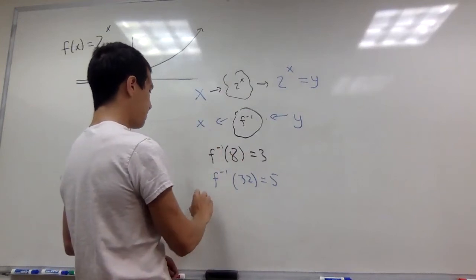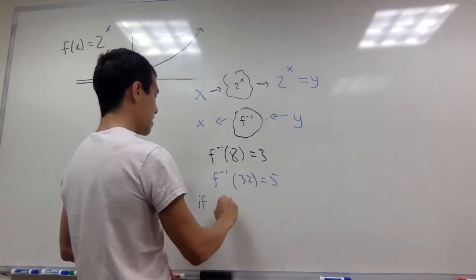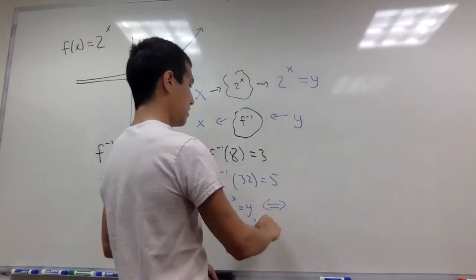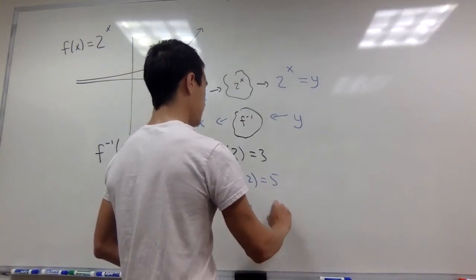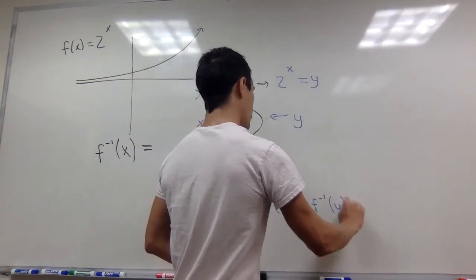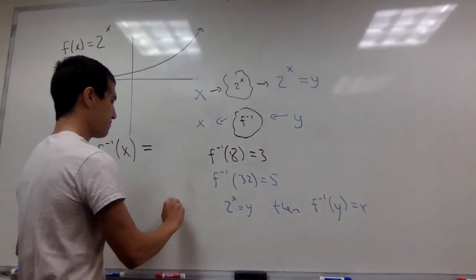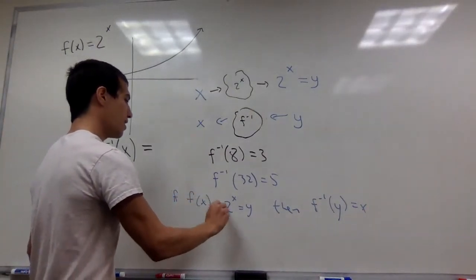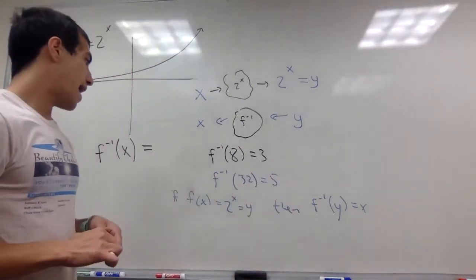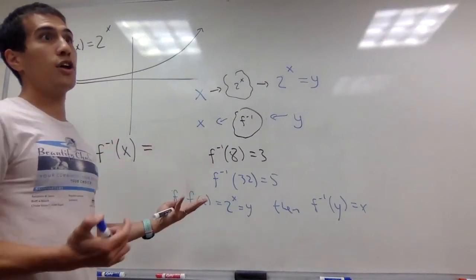So if f of x, 2 to the x, is equal to y, then f inverse of y is equal to x.